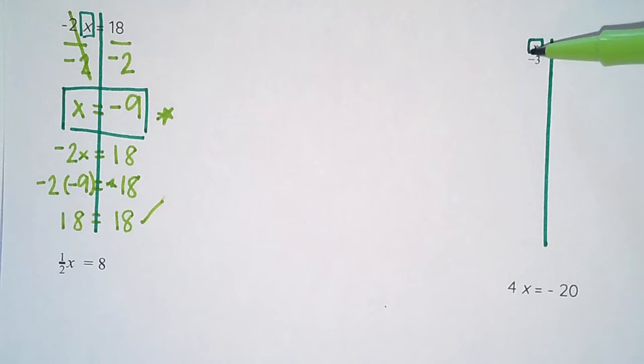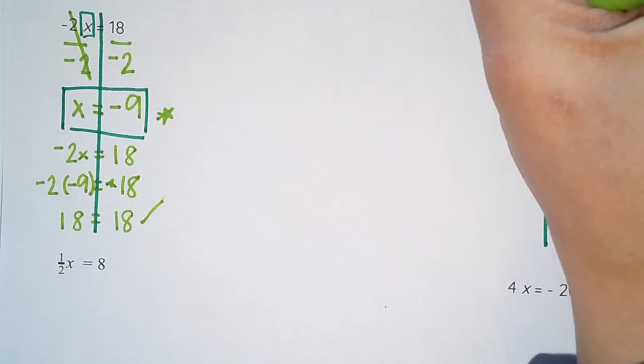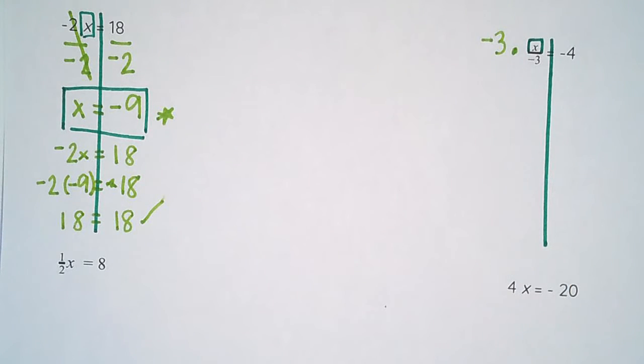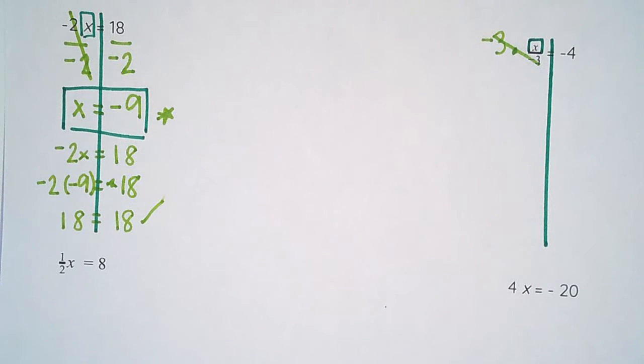So I notice here that we're doing x divided by -3. So to inverse that, I need to multiply by -3. -3 times -3 gets me x by itself.